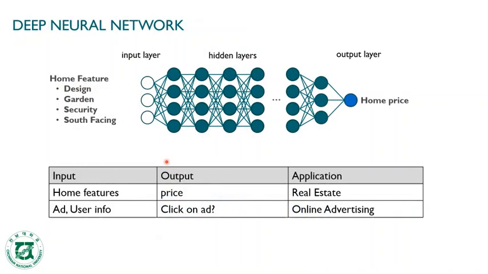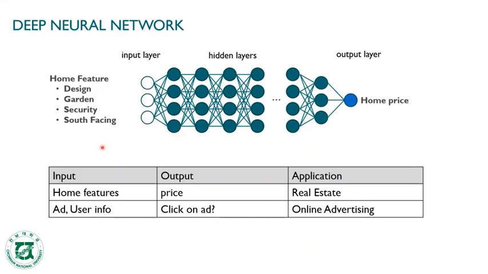The very first, simplest neural network model is the deep neural network. People call it deep because when we have multiple hidden layers, it gets deeper and deeper. This fully connected neural network can take any kind of input and output, so it reveals the complicated mathematical model between input and output.